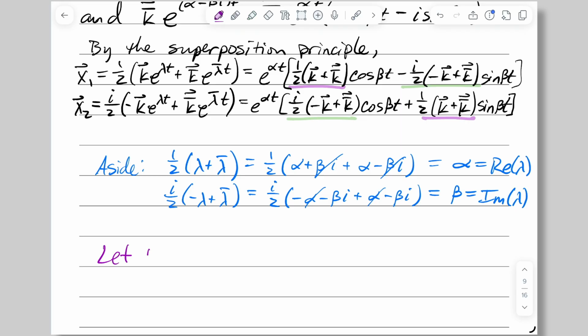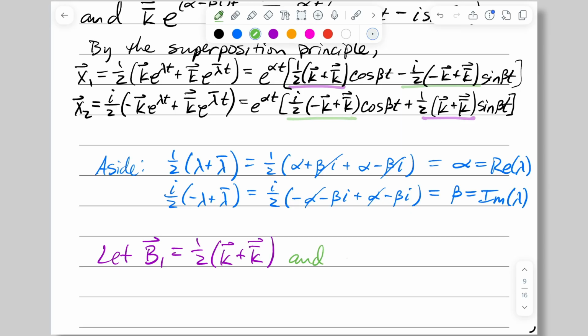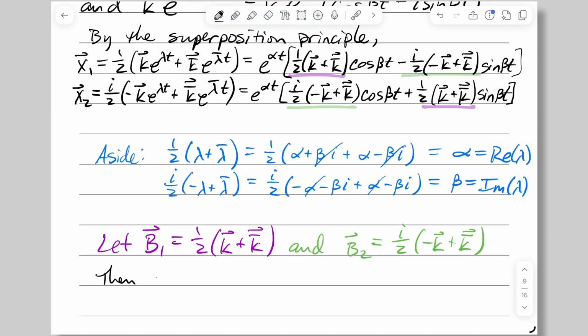Let B1, uppercase B1, a vector, be what happens when we take 1/2 of k plus k bar. And let B2 be the i over 2 times negative k plus k bar. Then x1, as written above, is going to be e to the alpha t times b1 cosine beta t minus b2, these are both vectors, times the sine of beta t.